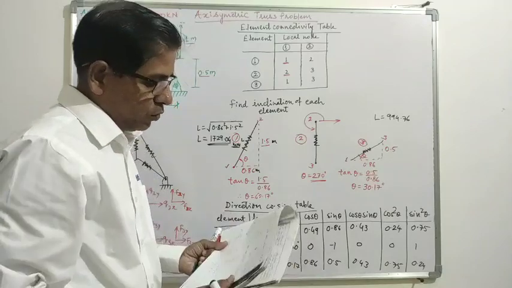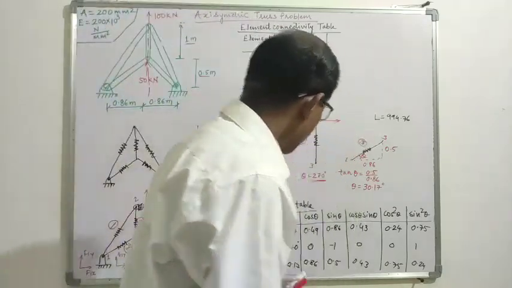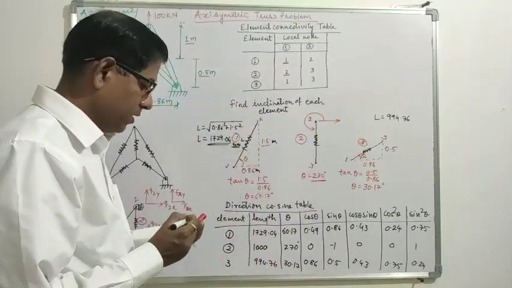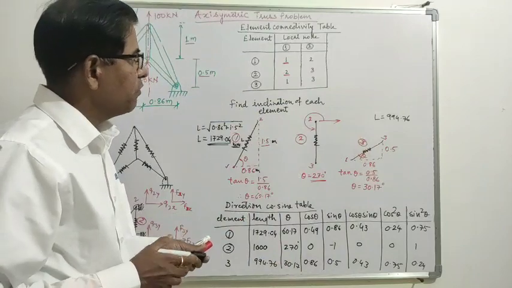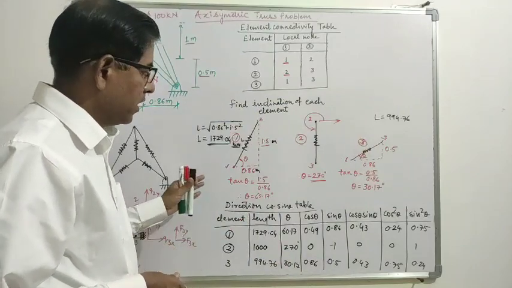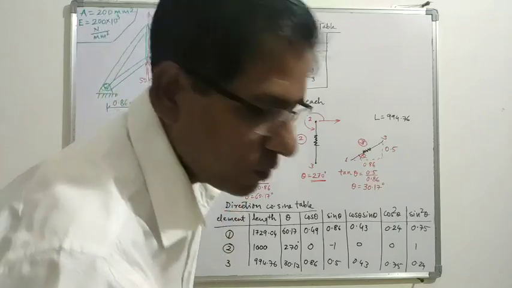Okay, so in this way we are finished with the direction cosine table. Now next we find out the element stiffness matrix.